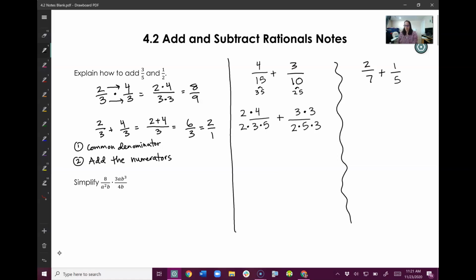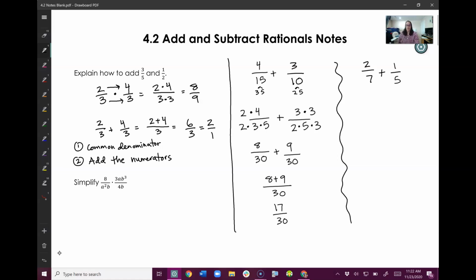So this is going to be 4 times 2 is 8 over 2 times 3 times 5, which is 30, plus 3 times 3 is 9 over 2 times 5 times 3, 30. There's my common denominator. And now that my denominator is common, I add my numerators to get that. There we go.